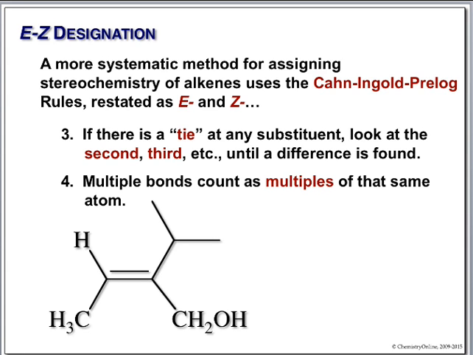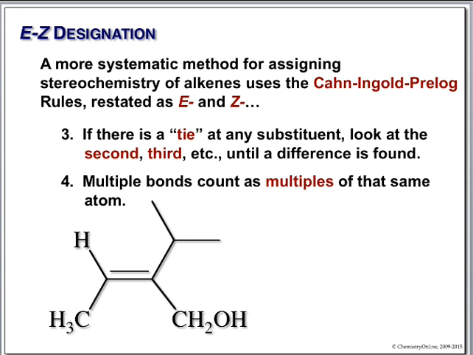Let's just do this one. We're going to have a tie here at our carbon, right? This carbon is attached to 2 carbons. This one is attached to 2 hydrogens and an oxygen.